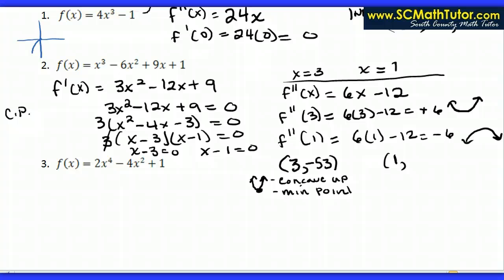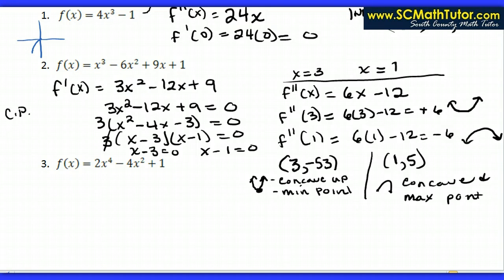So when x equals 1, I'm again using my calculator just to make it a little quicker. 1 cubed, minus 6, plus 9, plus 1, gives 5. So the point is (1, 5). That's my concave down, and a concave down will give you a maximum point on the graph.